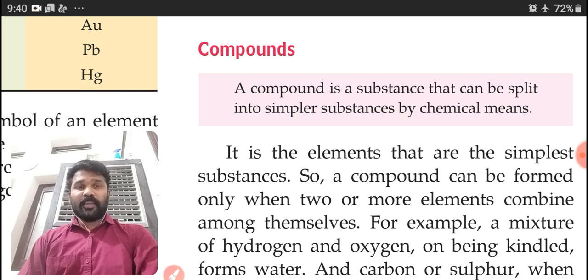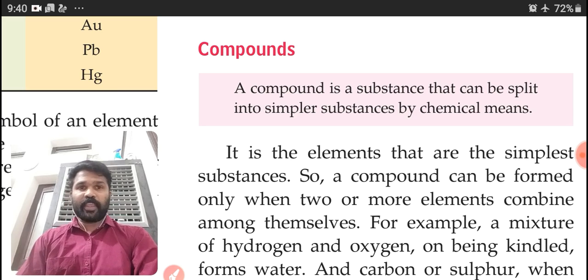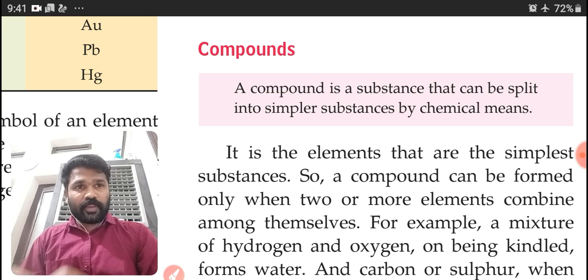A compound is a substance that can be split into simpler substances by chemical means. Yesterday we discussed elements. Elements cannot be split into simpler substances, but a compound can be.